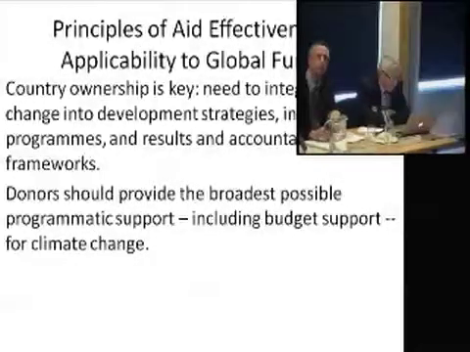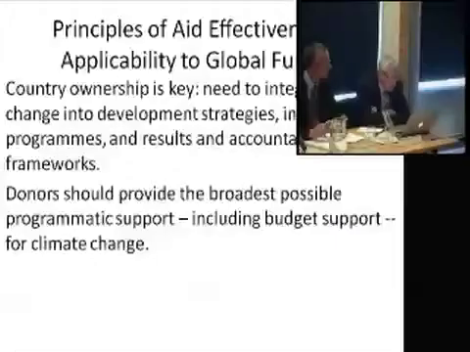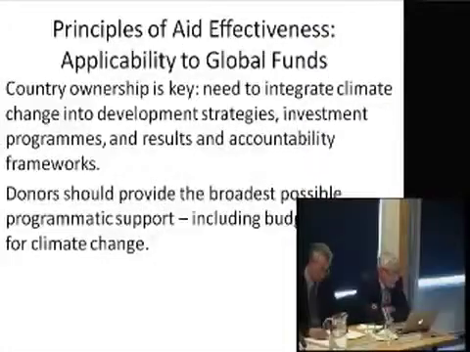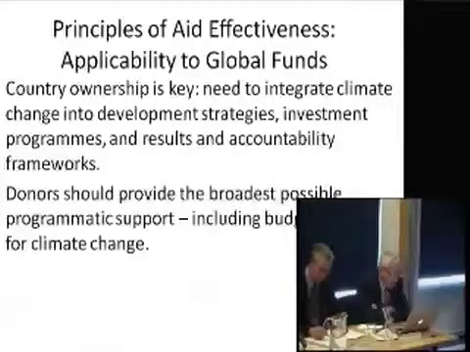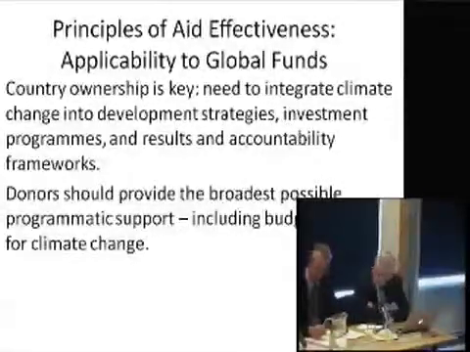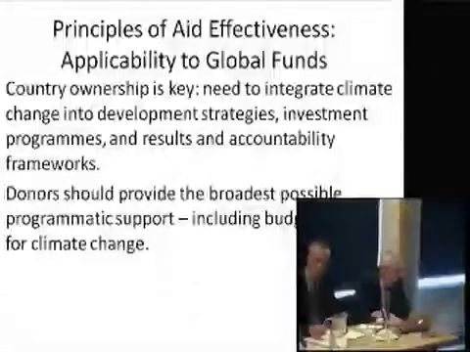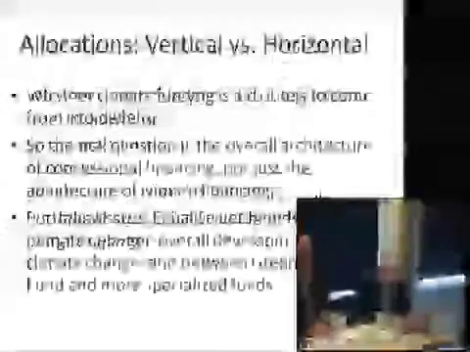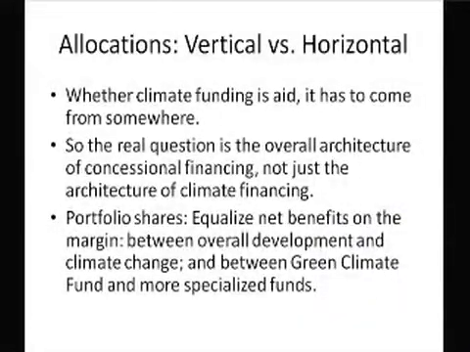And as the volume of climate financing rises, donors should be quite wary, particularly in adaptation, of introducing inter- or intra-sectoral distortions that unnecessarily set back achievement of other development objectives. Richard has really already talked about this. Next one, please.